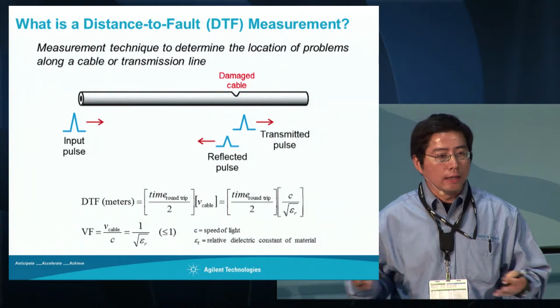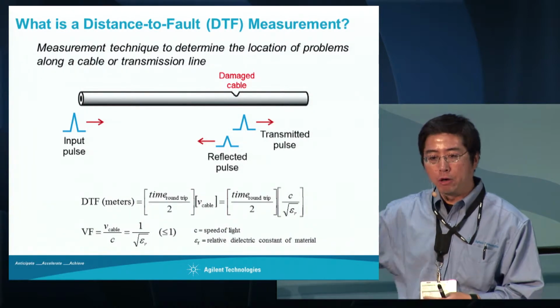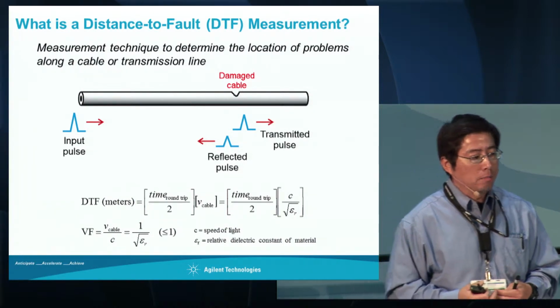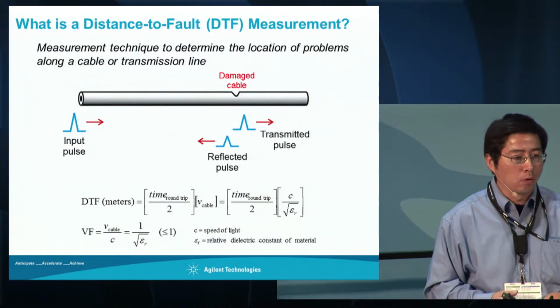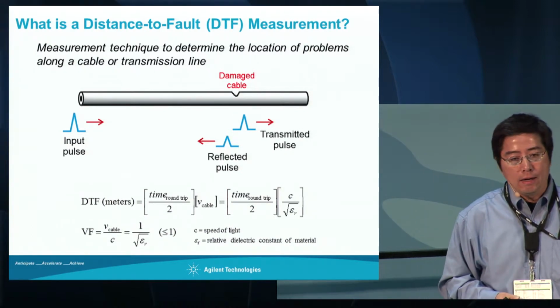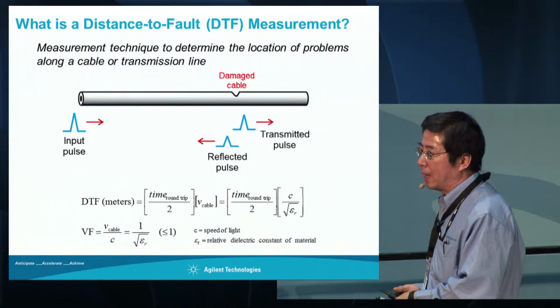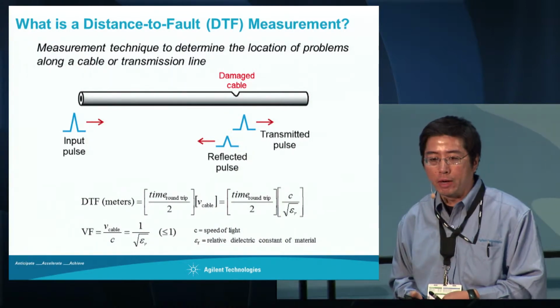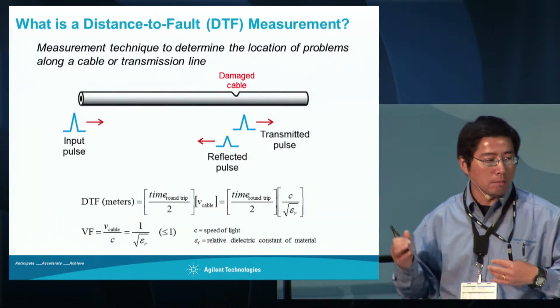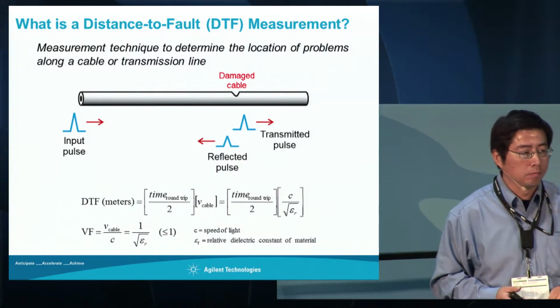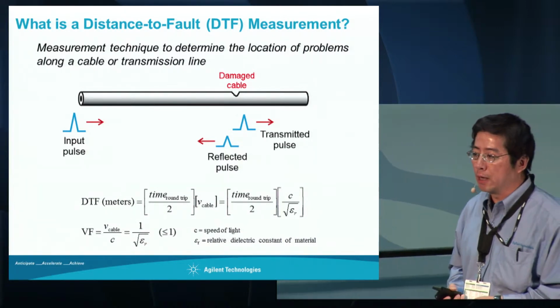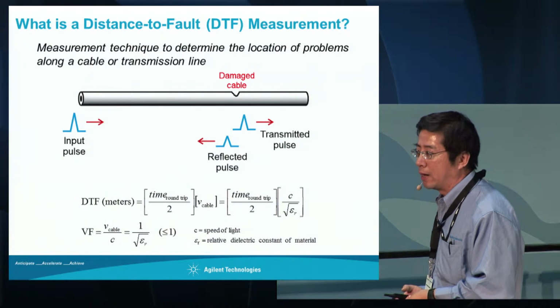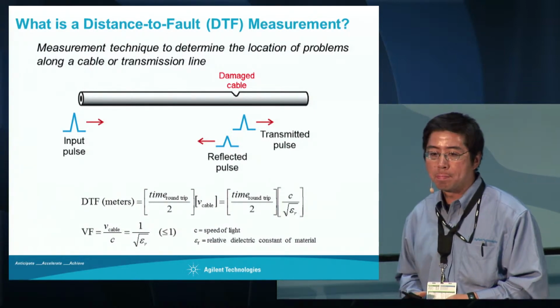In the early days, with a cable and an antenna, you could easily figure out which component was the problem. But now you have a duplexer, often a tower-mounted amplifier, and many, many components in the system. Distance to fault becomes the only way to identify where the problem is.